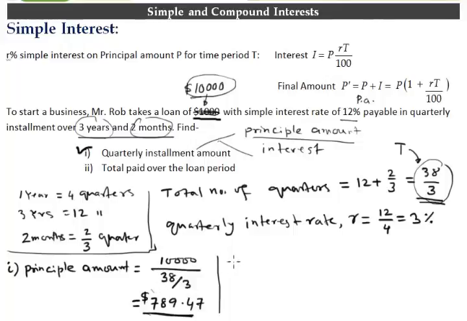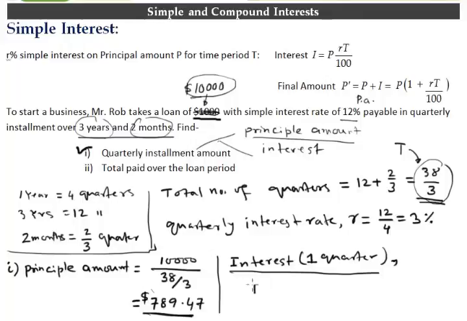What is the interest he will be paying? Interest per quarter, in 1 quarter. We need to calculate interest for 1 quarter. To calculate this interest, it is principal amount times interest rate times time period divided by 100.